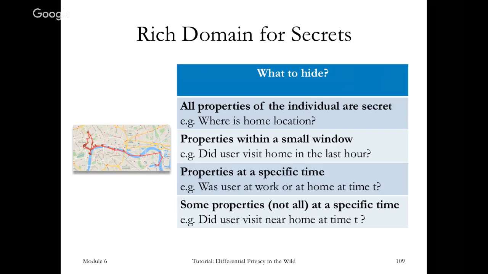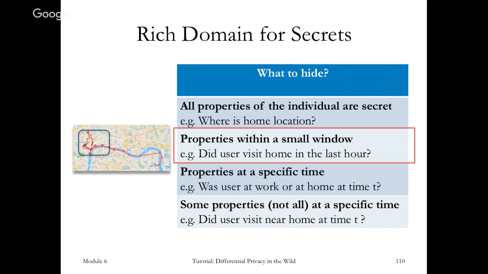So for location data, there's a rich domain for you to specify what kind of secrets you want to protect. For instance, you want to protect all the properties of this individual at any point in time, for instance, what is the home location of that user? Or you can bind their secrets to just a small window, right? Did the user visit home in the last hours?